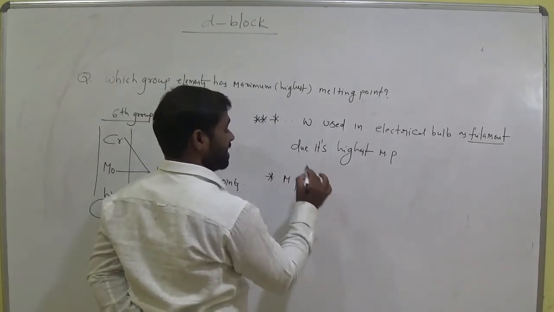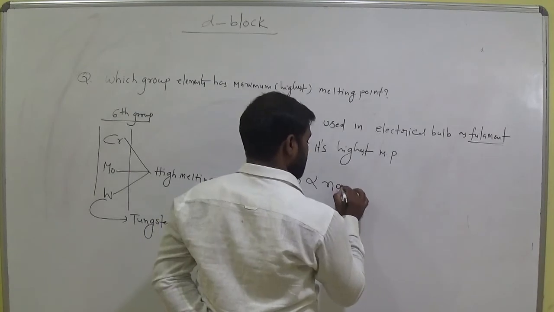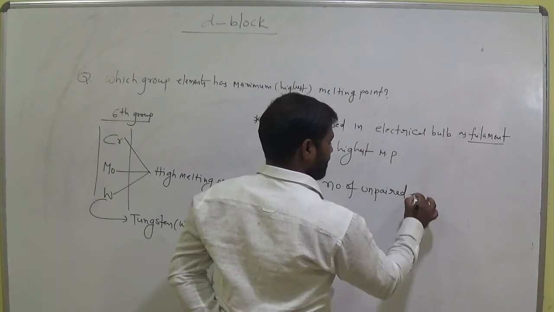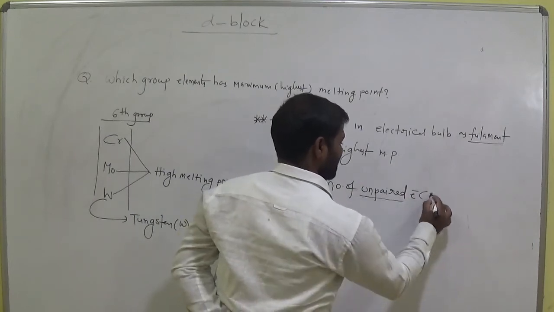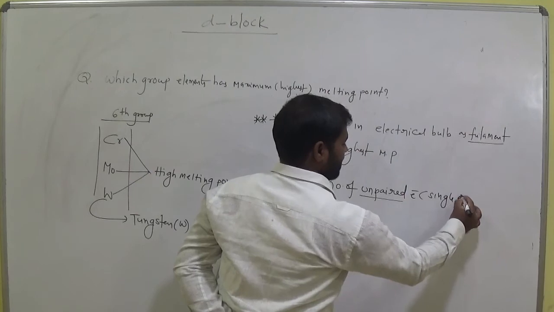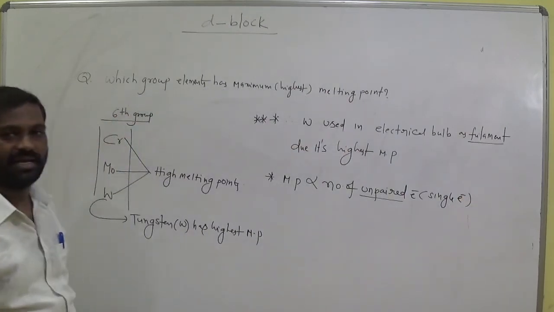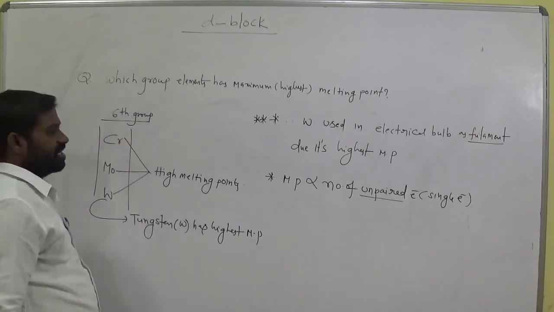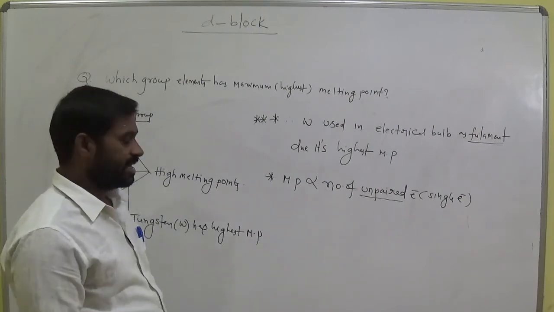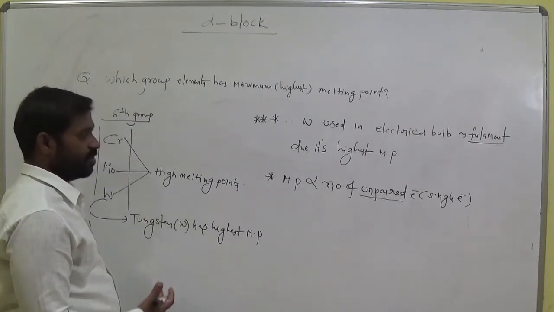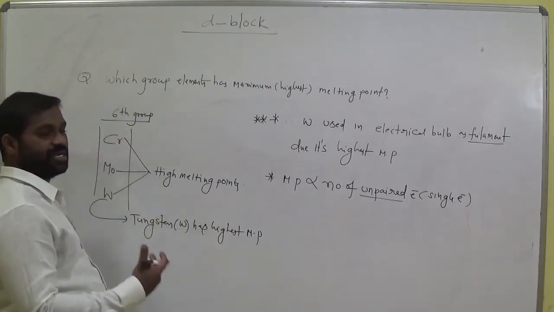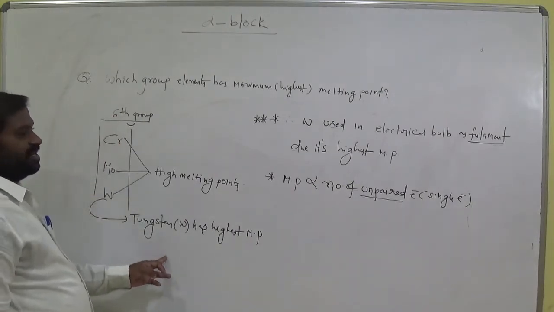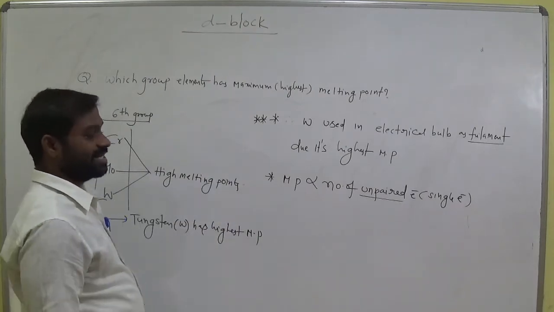Melting point is directly proportional to the number of unpaired electrons, that means single electrons. So this is the answer. Sixth group transition metals have the highest melting point. Why? Because they possess the maximum number of unpaired electrons. So tungsten has the highest melting point, so it is used as filament in electrical bulbs.